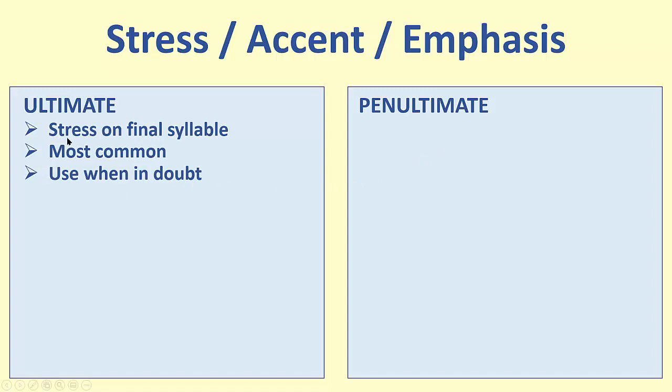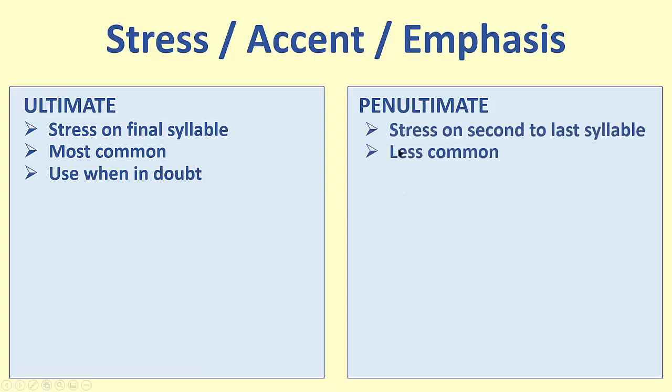Ultimate stress means that the stress falls on the final syllable, and by and large, this is the most common syllable that's going to get the stress. And in fact, whenever you're in doubt, you might as well just put the stress on the last syllable if you don't know better. The penultimate has the stress on the second to last syllable, like I mentioned, and it is less common. But here in a bit, I'll give you a rule to help you determine where the stress goes in a word.